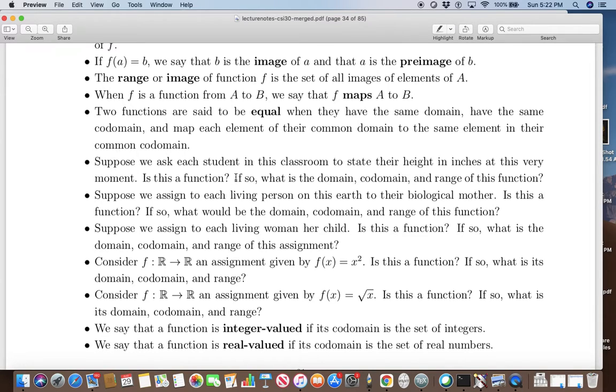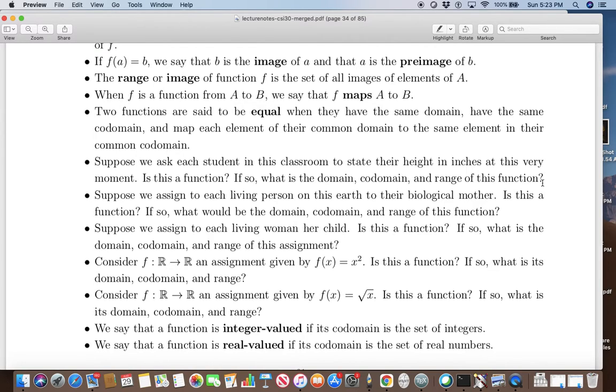That is a function. What is the domain? Domain is the set of all students in our classroom. What is the codomain? Well, your height cannot really be 0, but it will be positive numbers, right? We are stating our height in inches, so let's say positive real numbers.